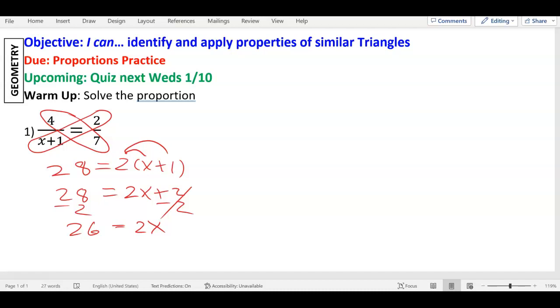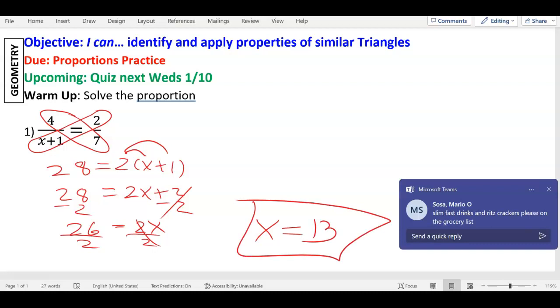And what's my last step? How do I get rid of this 2 right here? Divide by 2. What is 26 over 2? What is 26 divided by 2? 13.